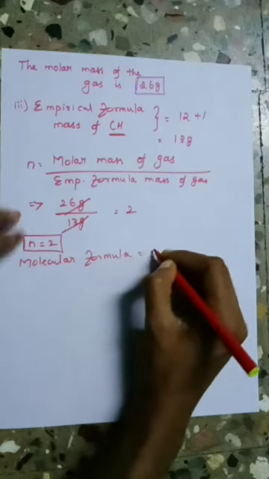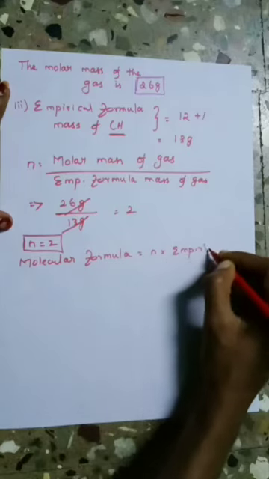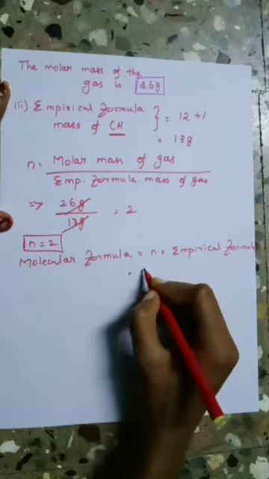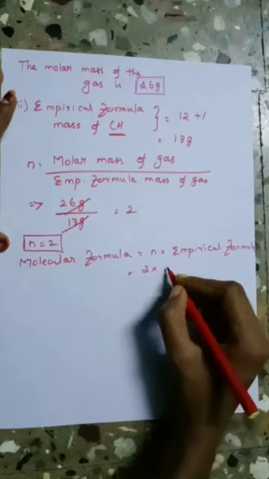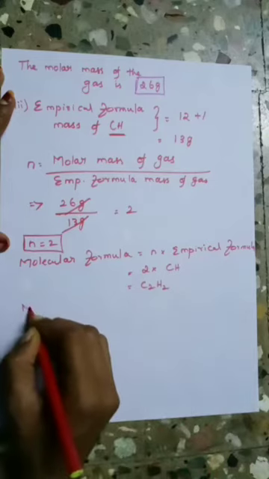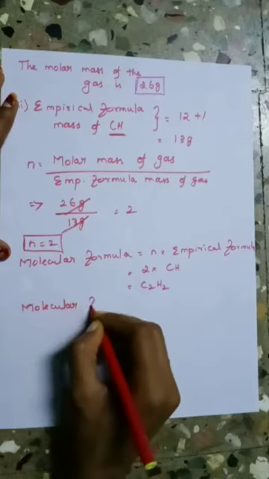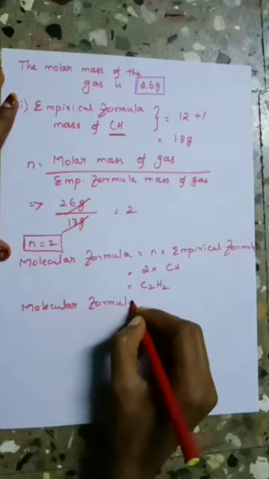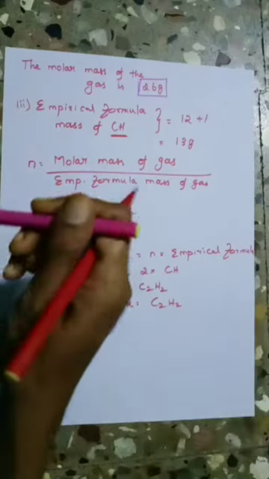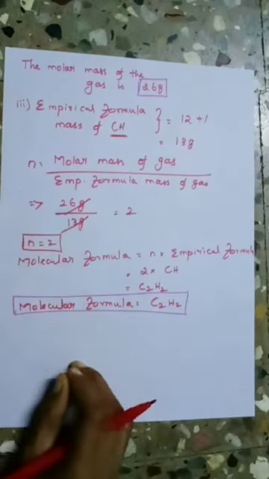The molecular formula is N multiplied by the empirical formula. So 2 multiplied by CH gives C2H2. The molecular formula of the given compound is C2H2. So this is the final answer. So we have calculated 3 questions.